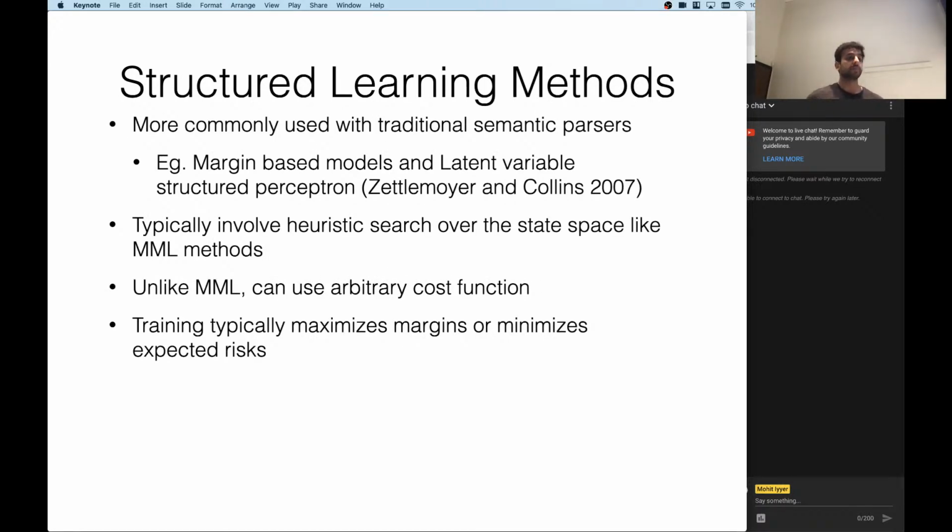And to address some of these challenges, the most popular are these kind of structured learning approaches. So here you acknowledge that you probably are not going to be able to enumerate the entire space of logical forms that evaluate to Z. And also you acknowledge that you have this issue with some of those logical forms not being correct.